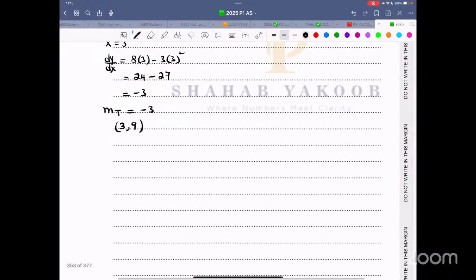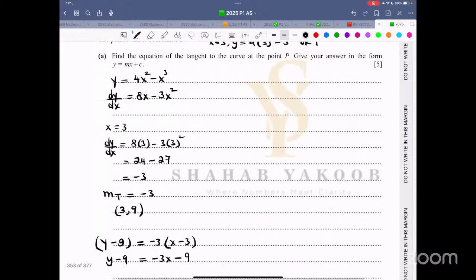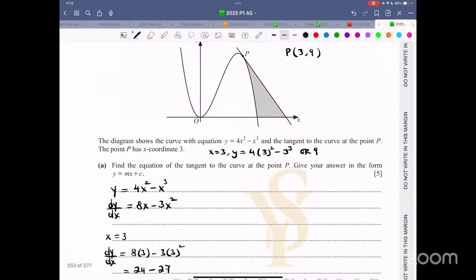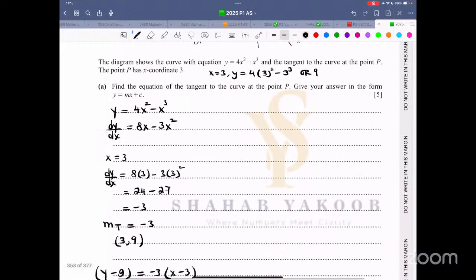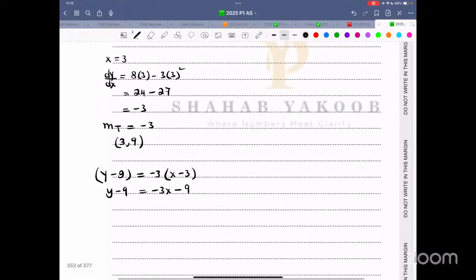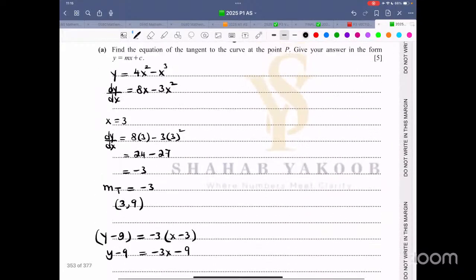What else? The equation y minus y1 is equal to minus 3 times x minus x1. Expand, minus 3x minus 9, and this is y minus 9. So just double check. So now over here, this is positive 9, this is positive 3. The gradient is not 3, gradient of tangent, or is it normal?